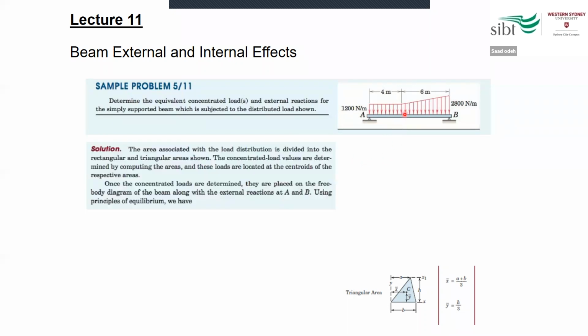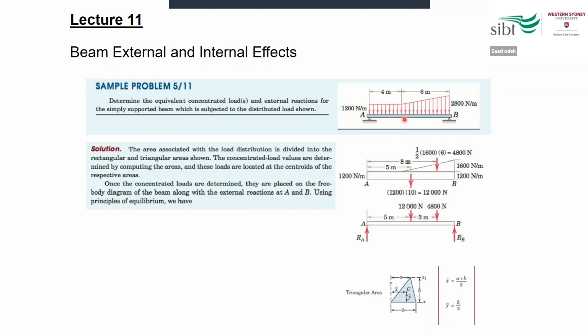To solve this kind of question, we need to find the centroid of each part. We divide this, for example, into one part as a big rectangle here, and the other part is a triangle.